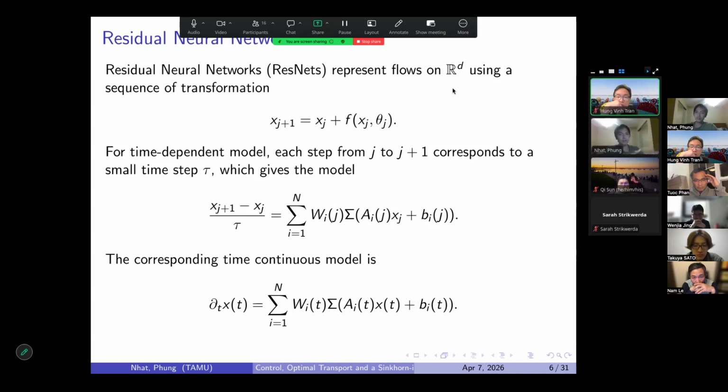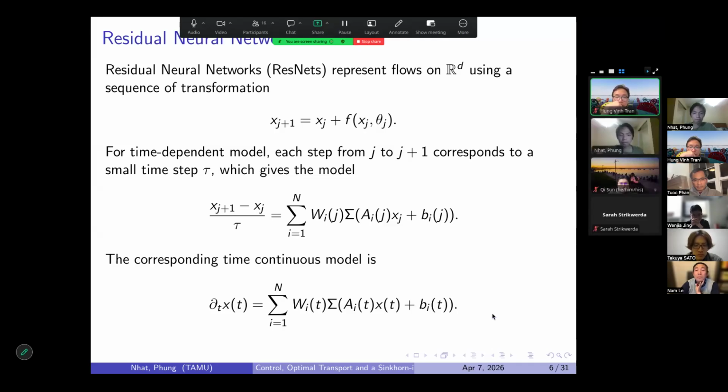We can consider it as a sequence moving from x_j to x_{j+1}. Then we can put in a time scaling on the difference. When you see this model, naturally, if you scale the time step to zero, you get a time-continuous model. This is the neural ODE that we want to talk about.